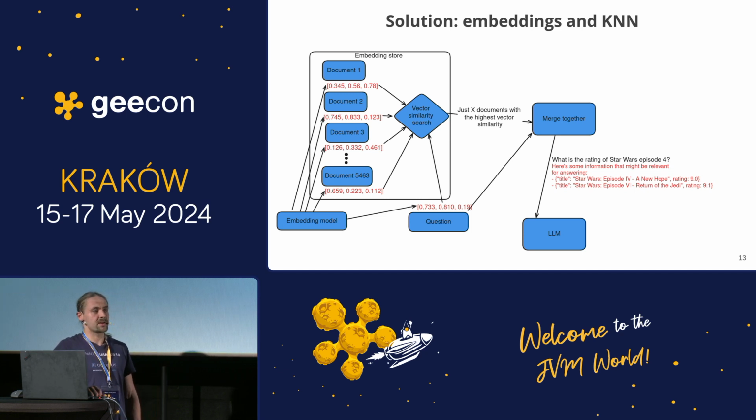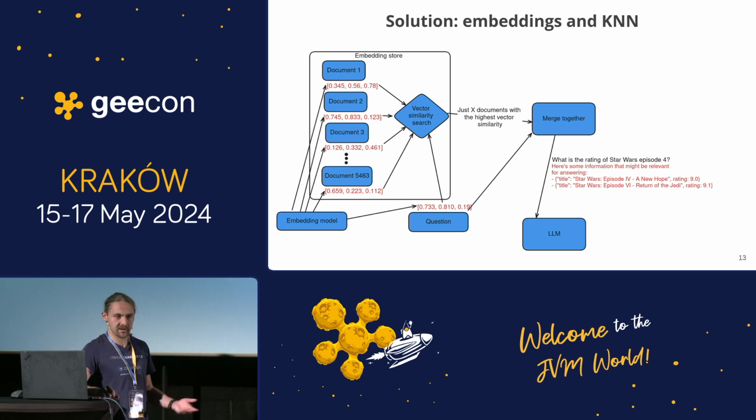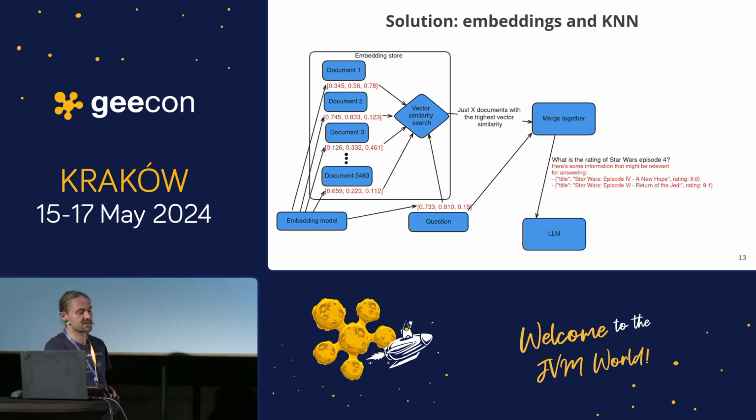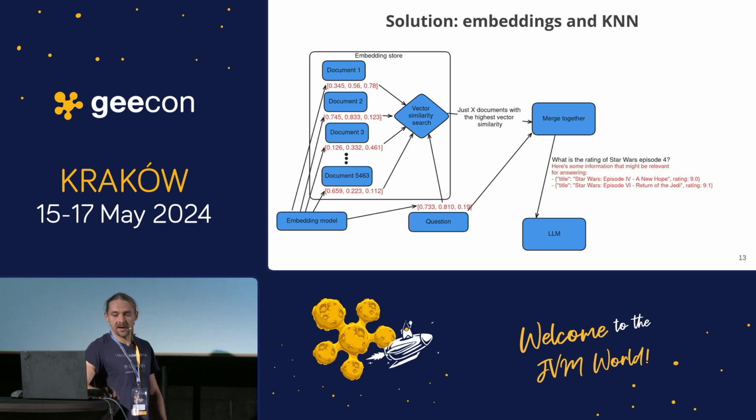And then when a user asks a question, you simply take the embedding model again and run the same for the question, so you also transform the question to a vector. Then, when you're trying to find the documents that might be relevant for answering the question, you run a vector similarity search, k nearest neighbors, and you find n documents that have the most similar vector to the vector of the question.